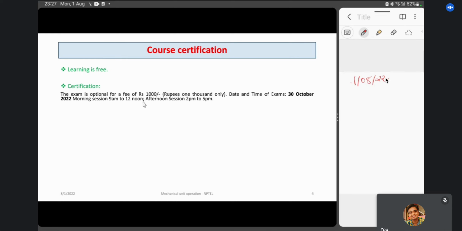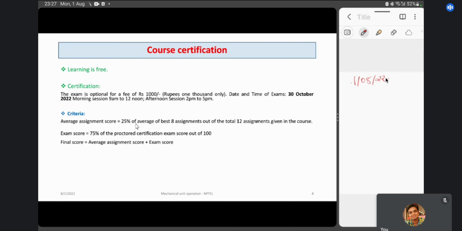Now, what are the criteria for getting certification? There are 2 parts of this course: one is the assignment and another is the end exam. 25% of the total score will come from the assignment score, and another 75% from the end exam score.